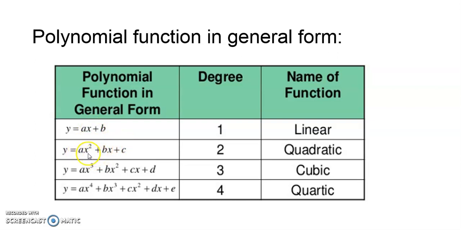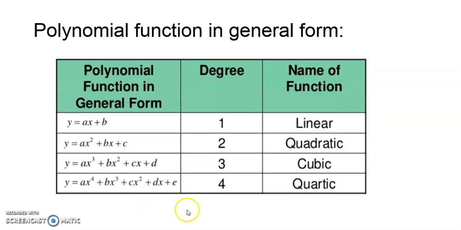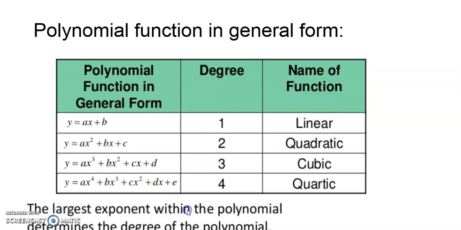It is quadratic because the variable's highest power is 2. This polynomial is a cubic polynomial because the variable's highest power is 3, and this polynomial is a quartic polynomial. Why? Because the variable's highest power is 4. Now we can say that the largest exponent within the polynomial determines the degree of the polynomial.